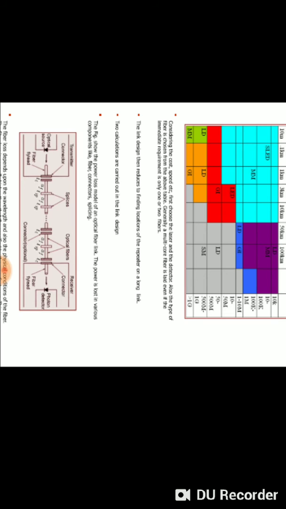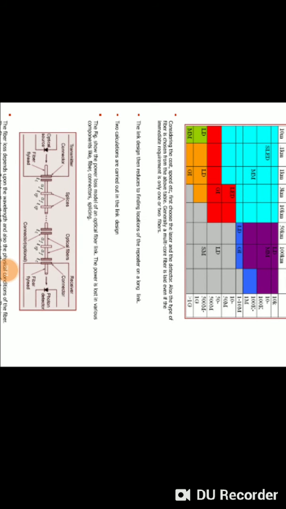The first approach is called link power budget, and the second approach is system rise time budget. So try to understand what these two approaches are telling.